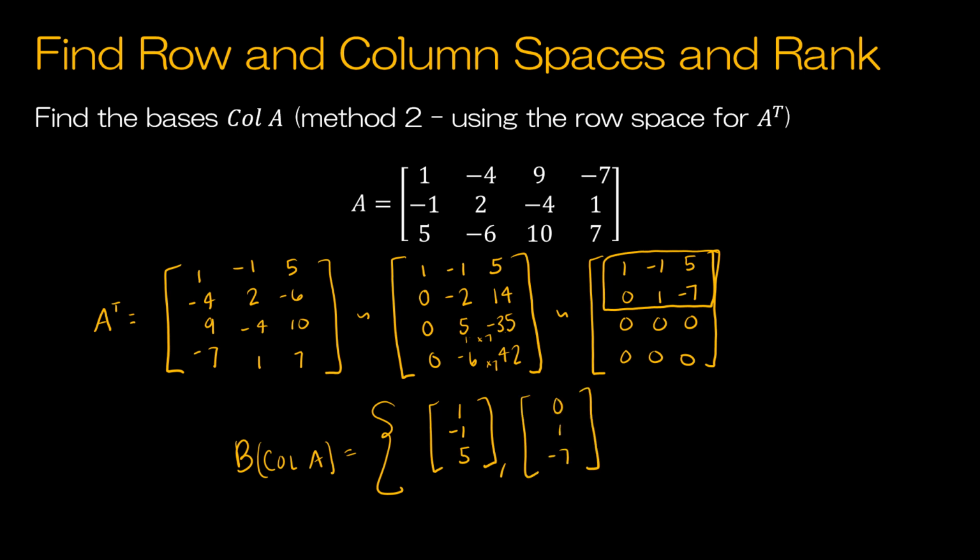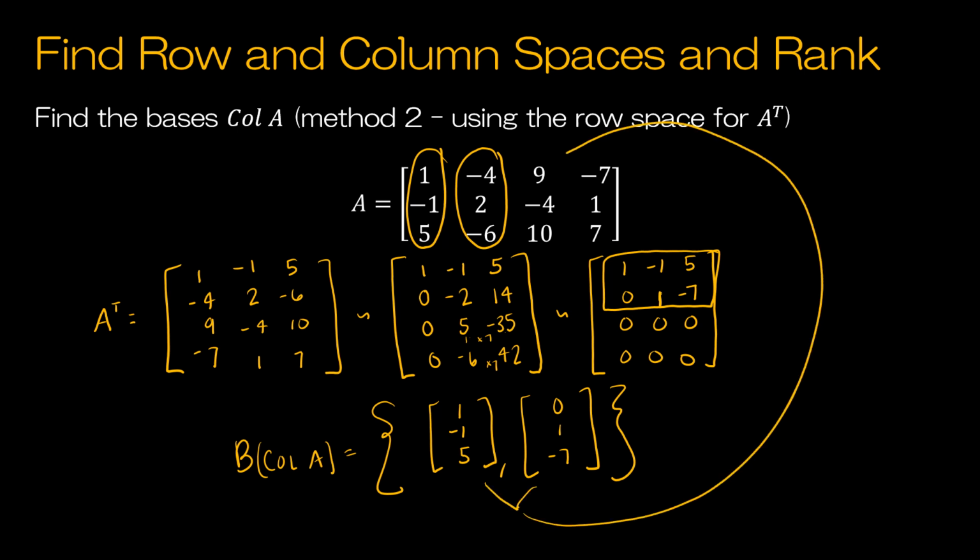Now you might be saying, well, that's not the same 2 that you used before using method 1, and that is true, because we continued to row reduce. But what I can tell you is the 2 vectors that we had before, which was 1, -1, 5, and -4, 2, -6, I would be able to still write these two as a linear combination to get either of these rows.